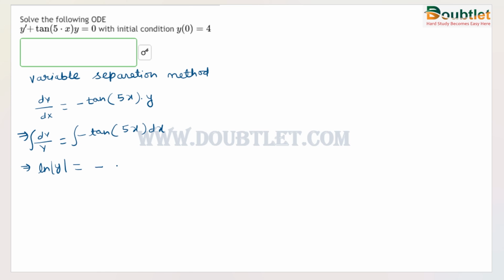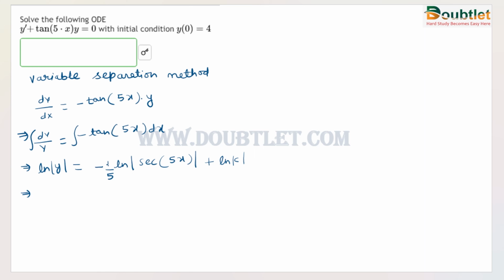So the minus will be thrown out, and this will become ln|sec 5x|, and since the coefficient of x is 5, it will be divided by 5, plus a constant term. So we can write this constant as ln|c|.